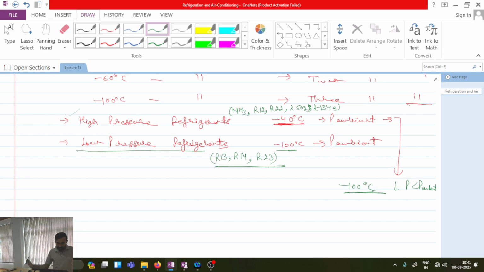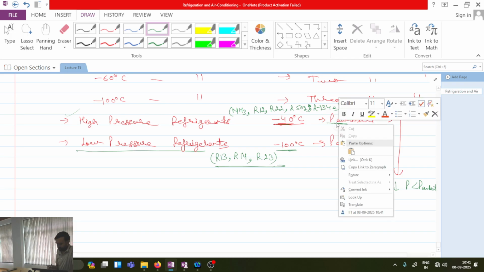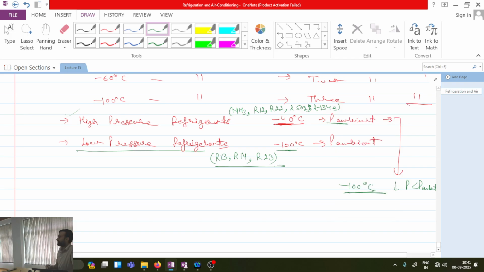The disadvantage is that if you use a high pressure refrigerant whose boiling point at minus 40 degrees Celsius is ambient, and you operate it at minus 100 degrees Celsius, you have to decrease the pressure. So when the pressure goes below the ambient pressure, there will be chances of leakage of air into the circuit.